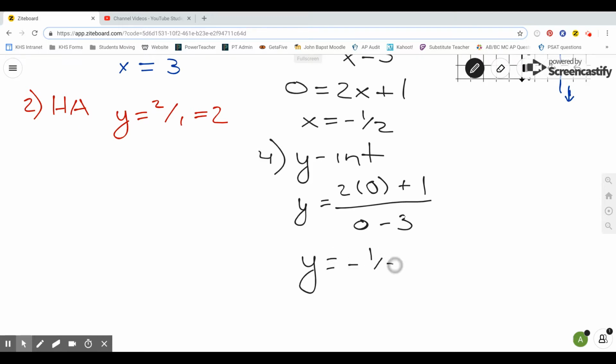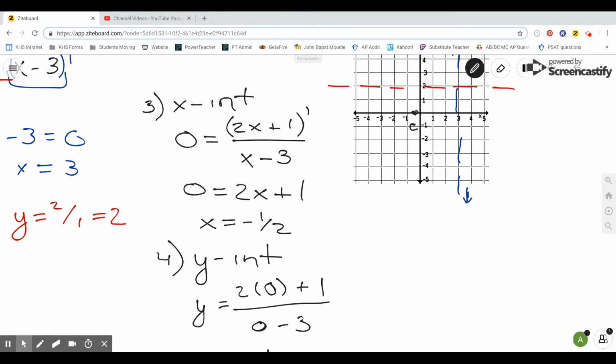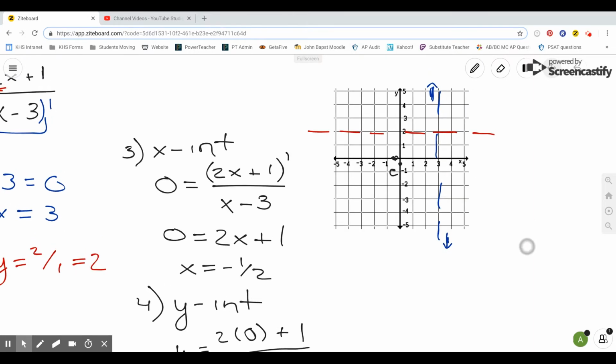So y equals negative 1/3 for the y-intercept. So again, it's just a sketch. It doesn't have to be perfect, but I'm going to make some marking around negative 1/3 so I know that that's my y-intercept.